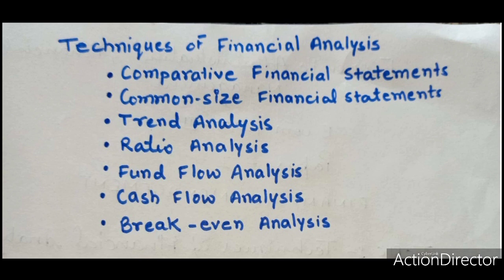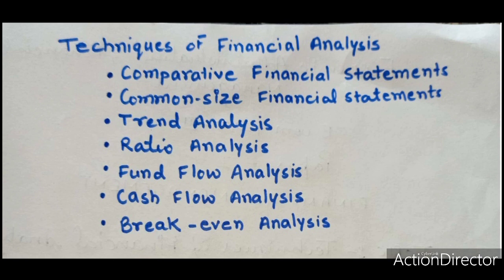Now, the second financial technique is common size financial statements. Financial statements that depict financial data in the shape of vertical percentages are known as common size statements. In such statements, all figures are converted to a common unit by expressing them as a percentage of a key figure in the statement.